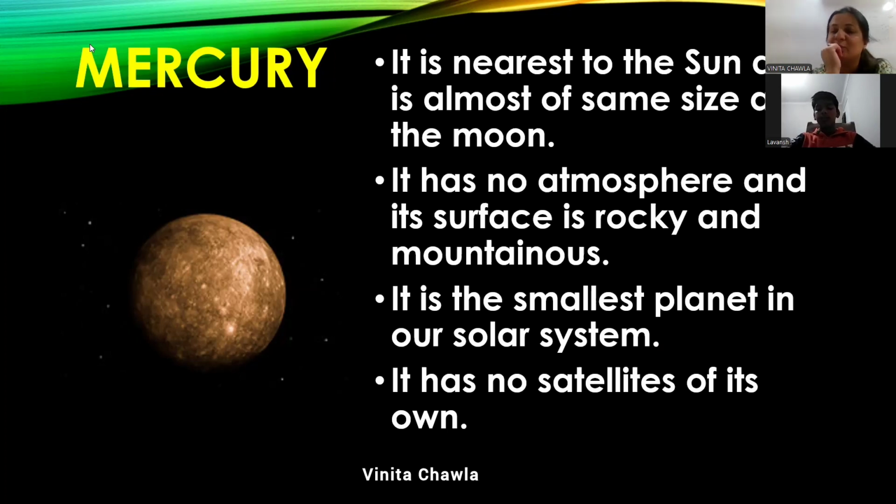And because it has no atmosphere, why is life not possible on Mercury? Because it is closest to the sun. It is quite hot. We cannot bear that much heat. Life is not possible because there is no air, there is nothing. It's totally rocky and mountainous. So life is not feasible there.